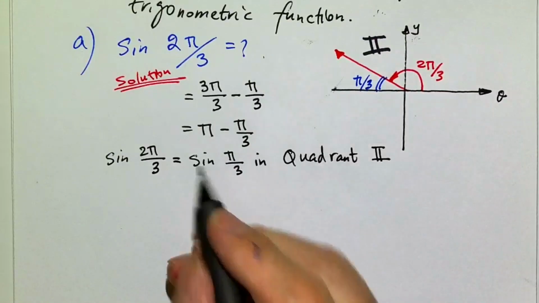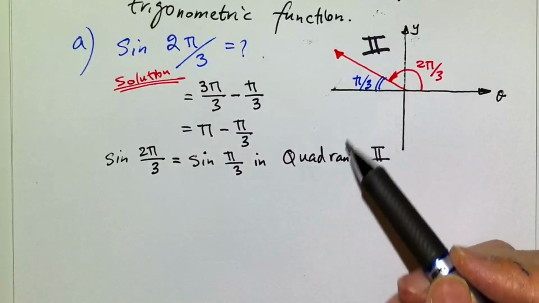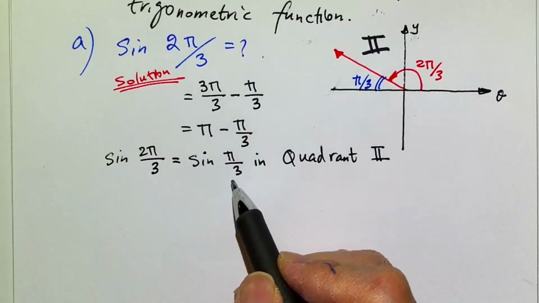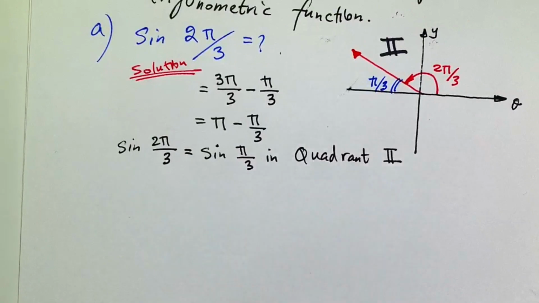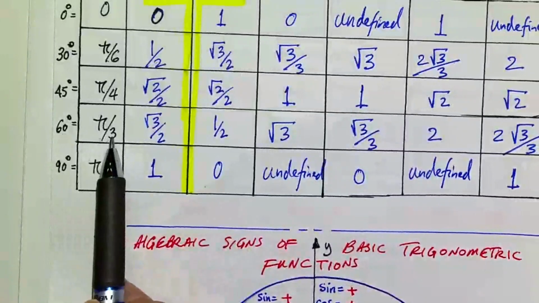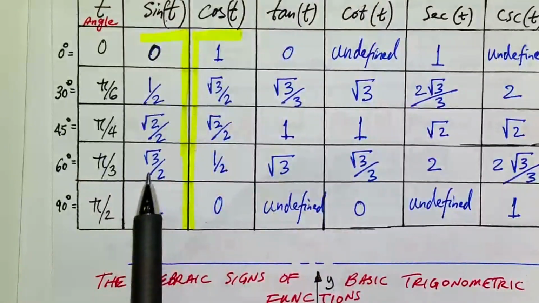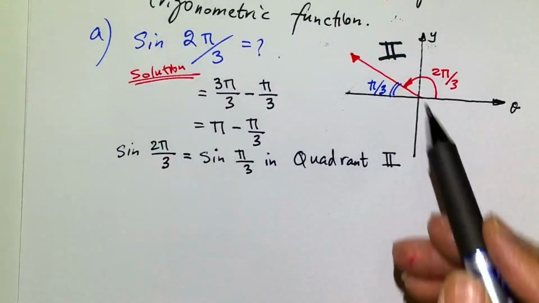Okay? Great. So now, from the table, we know sine of pi over 3 is the square root of 3 over 2. This is why I asked you guys to memorize these. Sine of pi over 3, that's 60 degrees, is square root of 3 over 2. But you've got to be careful because you're in the second quadrant.